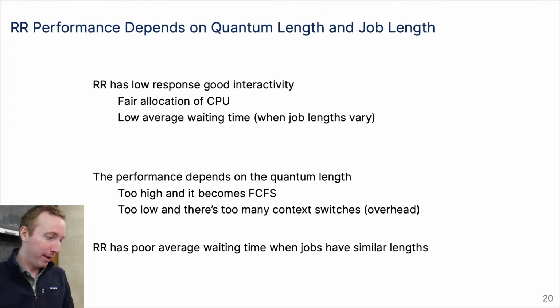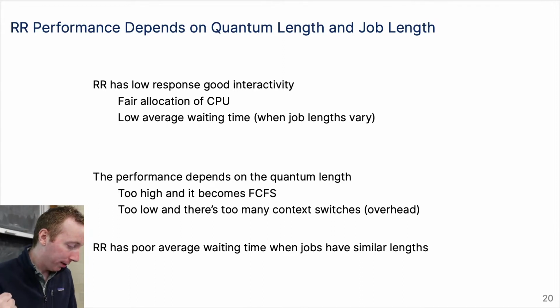So round robin performance depends on the quantum length and the job length. People have simulated this before, so even with round robin, it's a bit difficult to argue about in general. There's no perfect answer. Round robin has a fairly good low response time and good interactivity. It has fair allocation of the CPU and a low-ish average waiting time when the job lengths vary, which is just found through simulation.